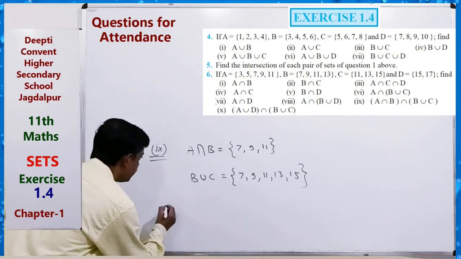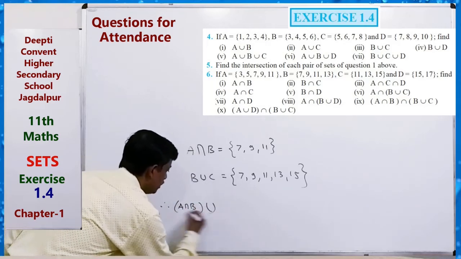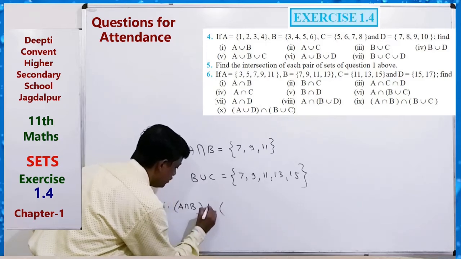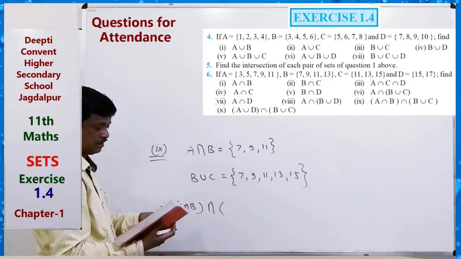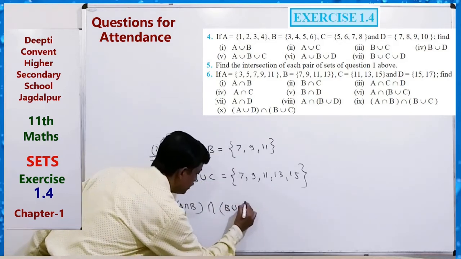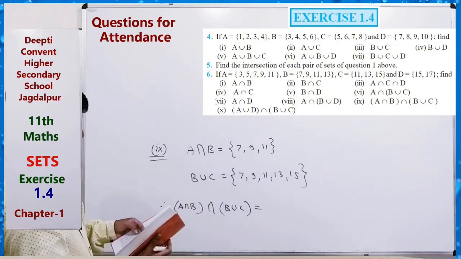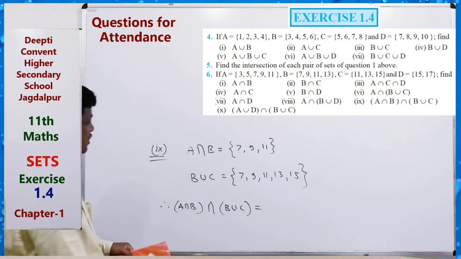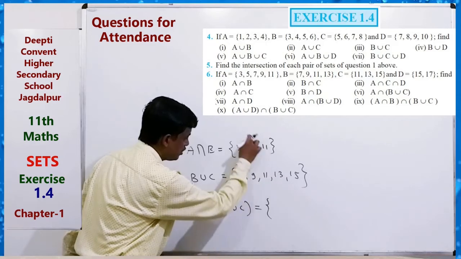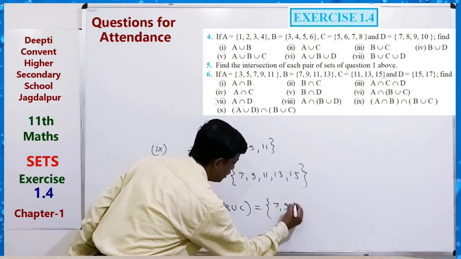The intersection of these two is what? 7, 9, 11.